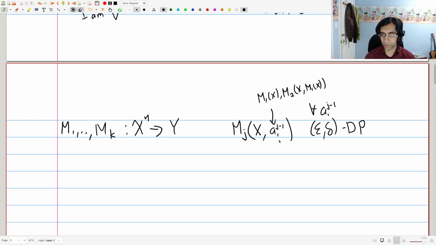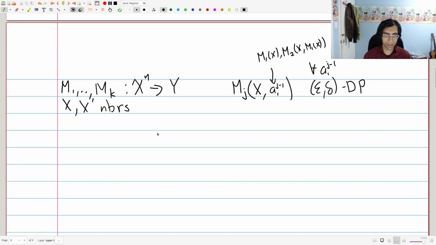So whatever the previous transcript of things we saw is, the resulting algorithm is still going to be differentially private. And as usual, we're going to have x and x prime be neighboring data sets. Okay, so I'm only going to define this a little bit informally.